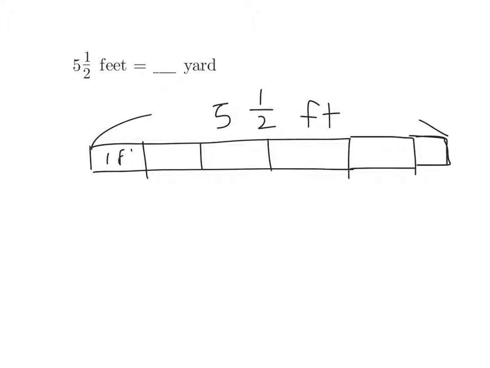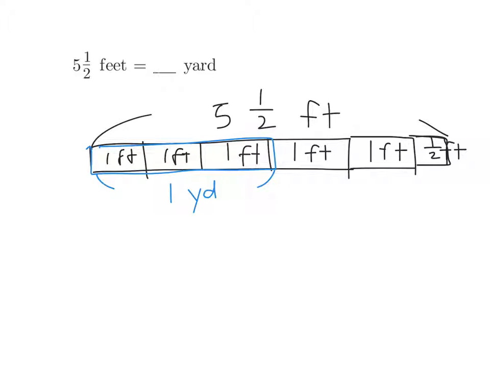There's 1 foot, this is 1 foot, etc. Now I know that there are 3 feet in 1 yard, so I know that these 3 feet are 1 yard. But I don't have enough here to complete a second yard. I'm half a foot away. Like I would need to complete this one in order to make 2 full yards.